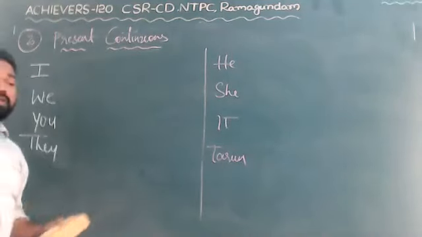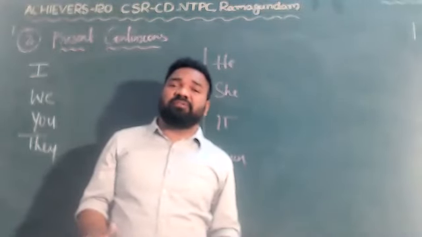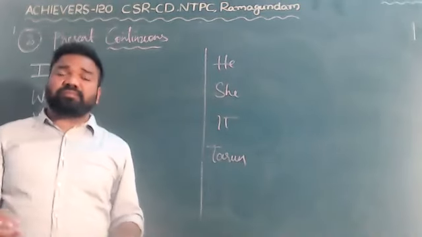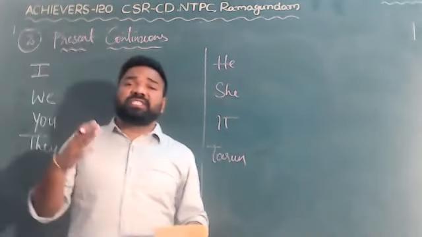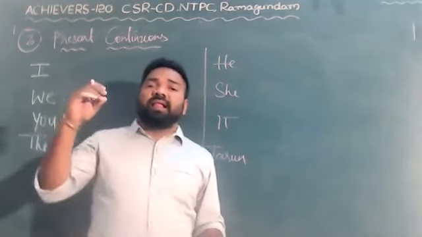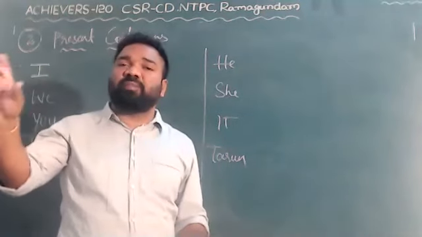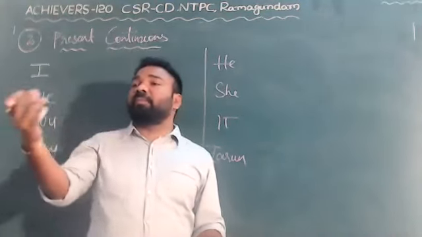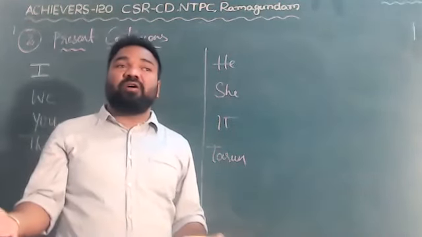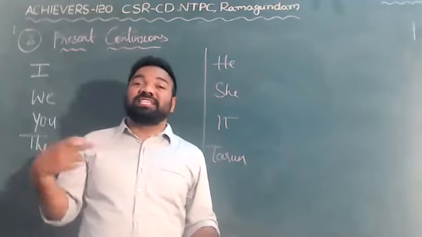So present continuous. What is present continuous and when does it have to be used in our daily life? Students, present continuous is a tense which is used when the action is going on right at the moment, and we speak about that action. You can call it a live action, or an action which is not completed at the time of my speaking.